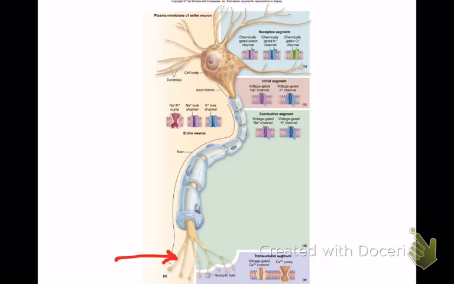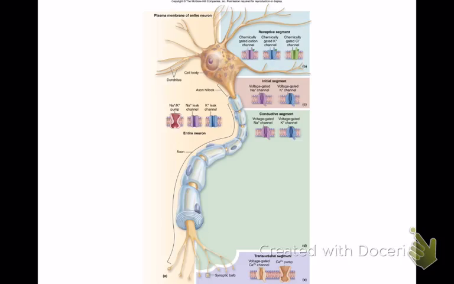Those are our telodendria. And then the little bulbous expansions at the end are the synaptic bulbs. Okay? So what we need to do is make sure you know where to find each kind of gate. Okay? This is a multipolar neuron. So you've got some chemically regulated gates, and you have some voltage regulated gates.